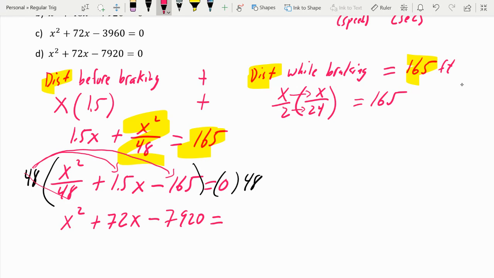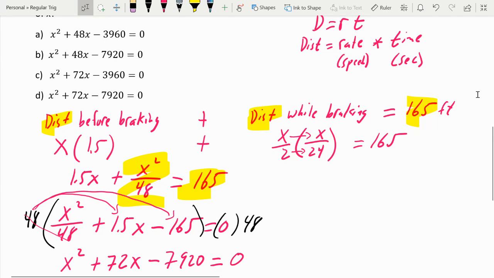And then 0 times 48 is still 0. If you look at it, our answer is going to be D, correct? So our answer is D.